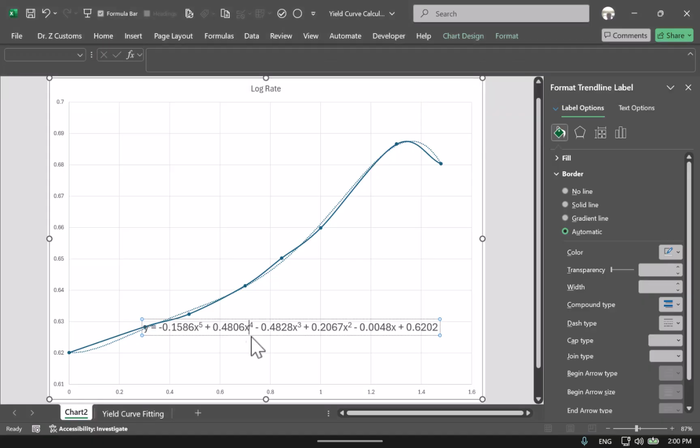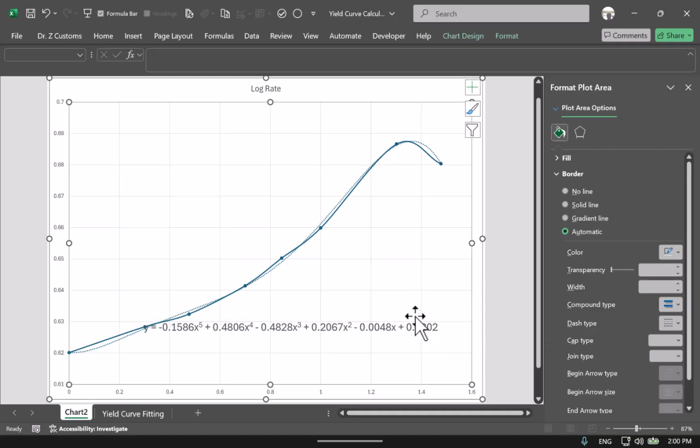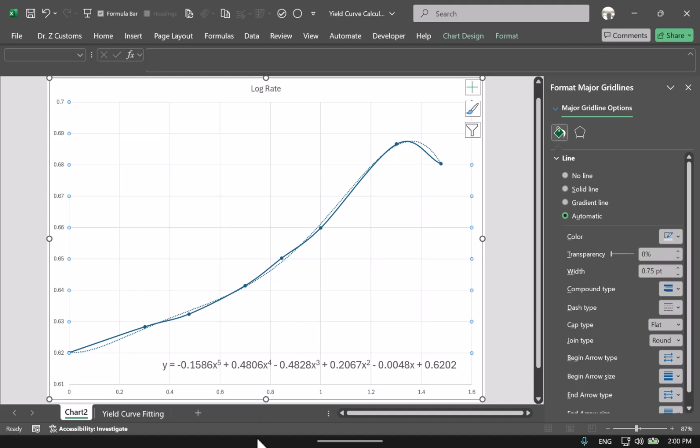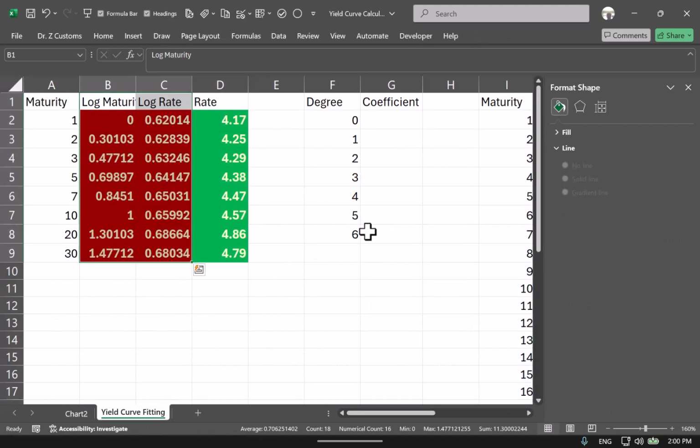You can move this thing around. Come on. So we're going to get the coefficients. Come on, from there.